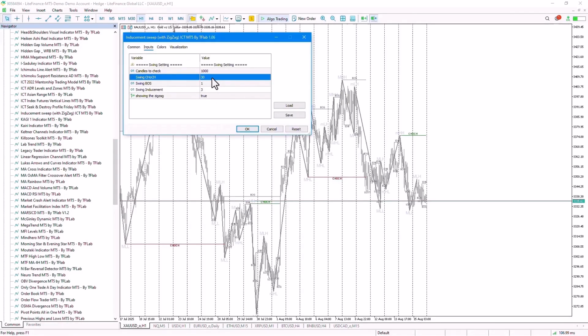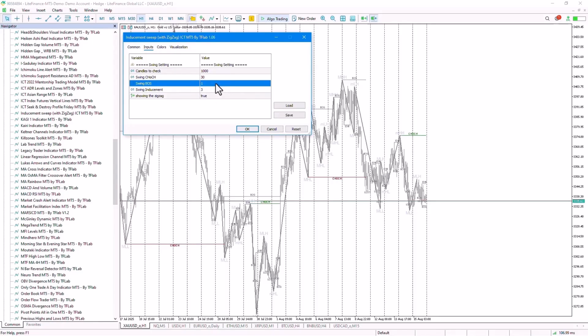In the next input, we can set the value for the swing CHoCH, which is set to 3 by default. The higher we set this value, the swing CHoCHs that are identified will be based on longer-term periods, and the lower we set this value, the CHoCHs that are identified will be drawn based on shorter-term periods in the market.